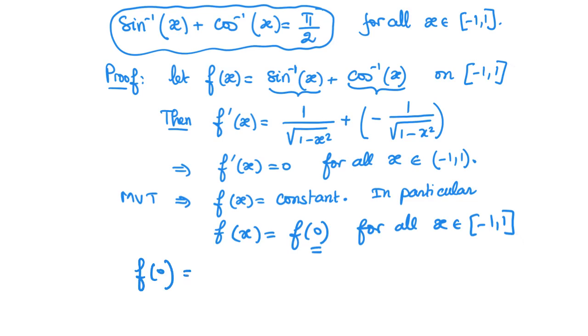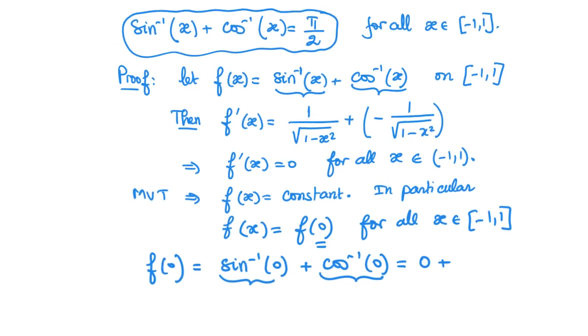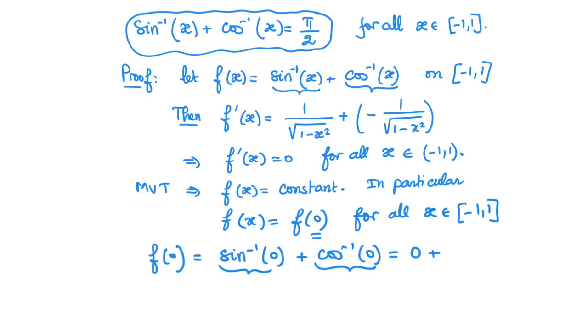So f of 0 is sine -1 at 0 plus cosine -1 at 0. Now sine -1 at 0 is 0, and cosine -1 of 0 is pi over 2, because the cosine of pi over 2 is equal to 0. So that is pi over 2.